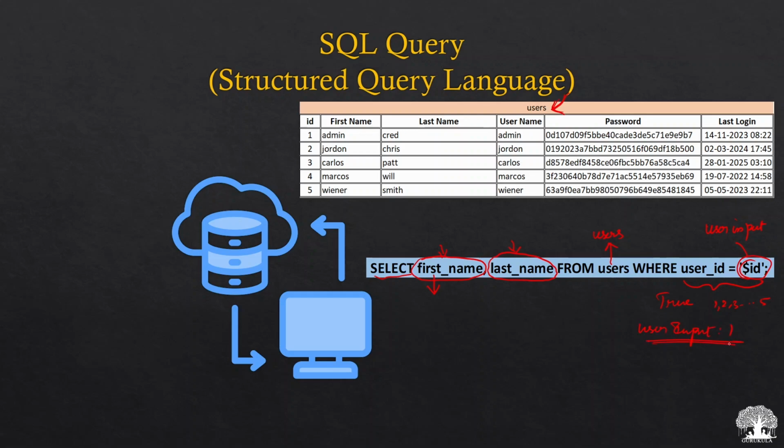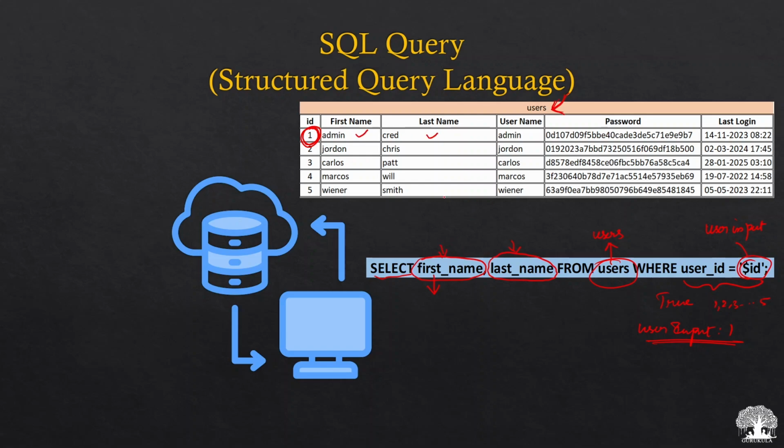If the user gives an input of 1, it first checks the users table, as specified, whether the ID has the value 1. If the ID has the value 1, then it selects only the two columns, which means the first name and then the last name, as specified in the query.